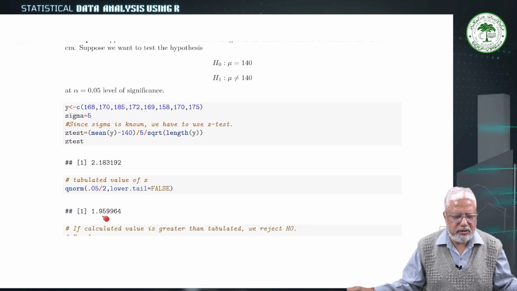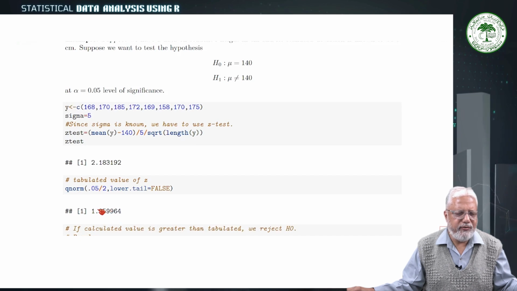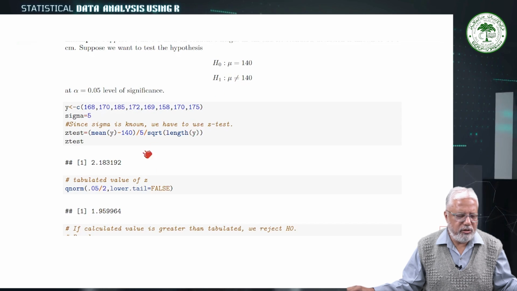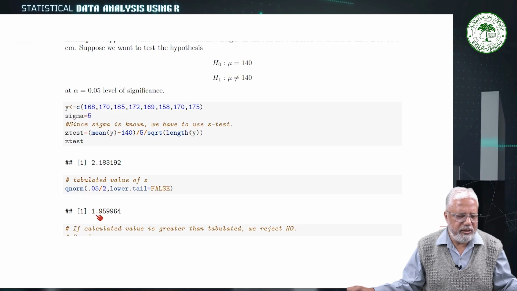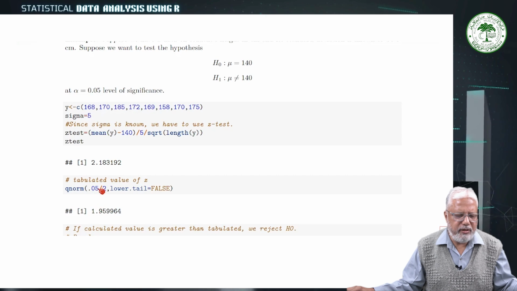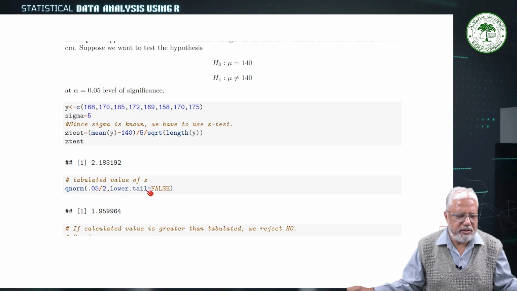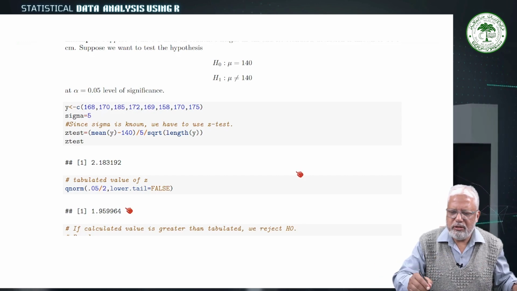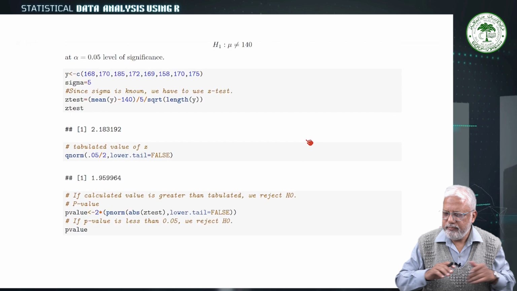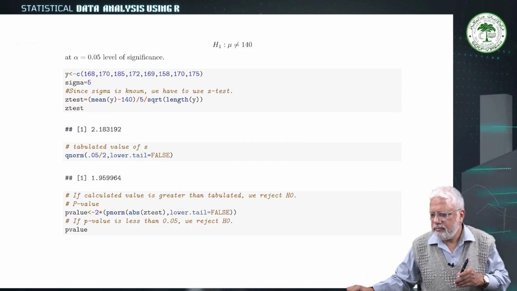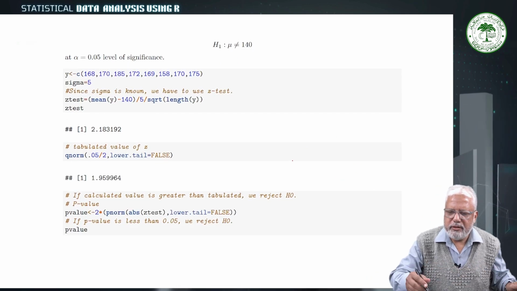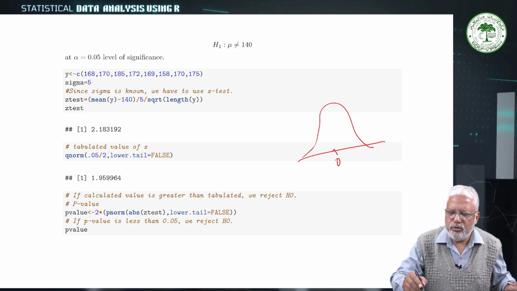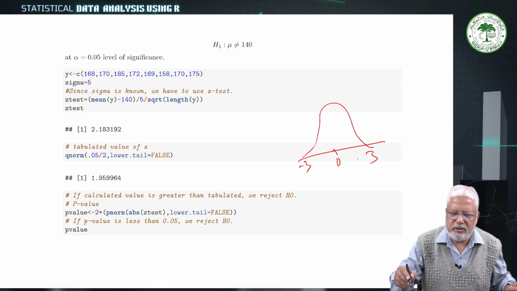It is a well known result in statistics that if our alternative hypothesis is two-sided, then the tabulated value is the quantile corresponding to this level. lower.tail equal to FALSE means, if we draw the Z distribution, this is 0, this is minus 3 and this is plus 3.